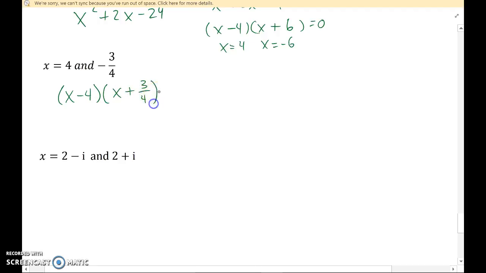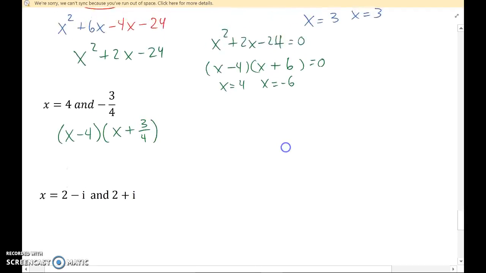But I want to challenge you to think, when you look back at this previous example, would you have come up with negative 4 times 3/4 to get your constant value at the end of the quadratic? Probably not. So if you take this 4 and move it in front of the x, we get x minus 4 equals 4x plus 3.